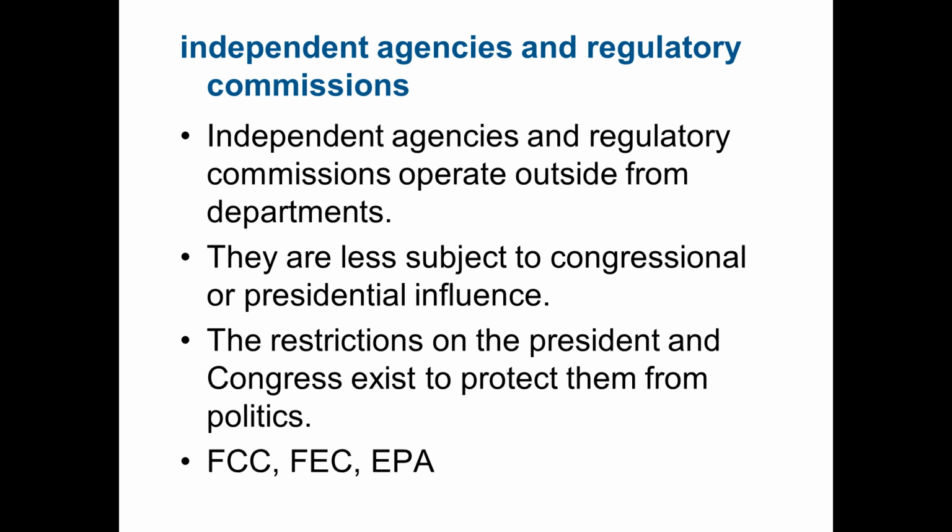The purpose behind these, though, is to make sure that really sensitive areas of policy aren't influenced by partisan influence or undue influence from Congress or the president, for instance. And to illustrate what we mean by this, here are some examples of various different independent agencies and regulatory commissions. So the Federal Communications Commission, dealing with communications policy, the Environmental Protection Agency, dealing with environmental policy, and of course the FEC, Federal Election Commission, dealing with campaign finance policy and enforcement.